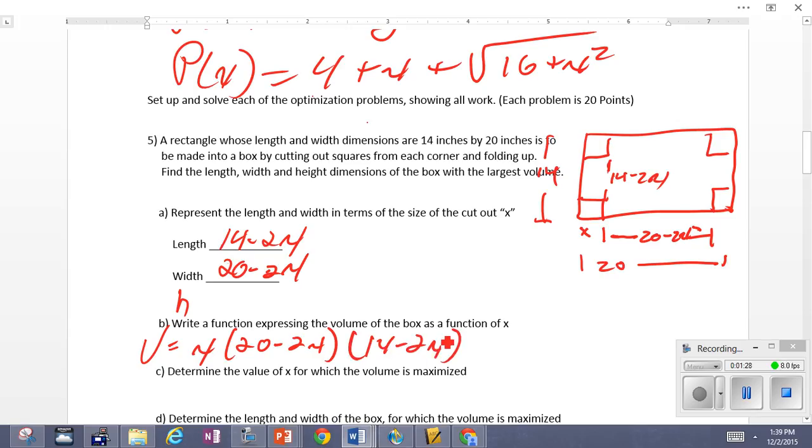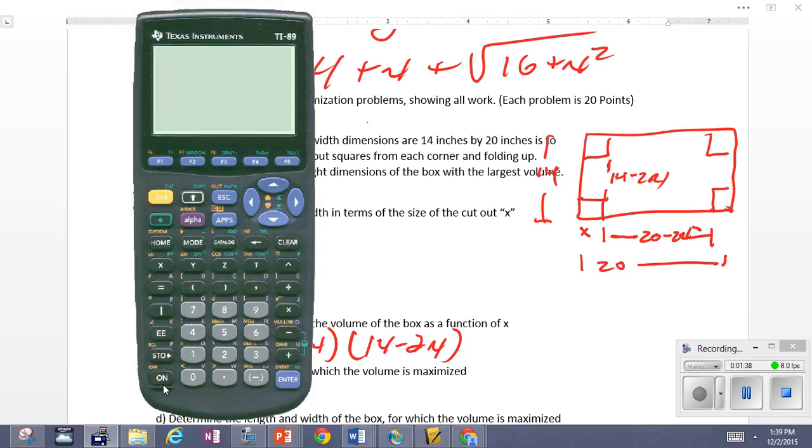Now, you didn't need to expand that. That's perfectly fine. In order to optimize that, we need to go to the calculator because this is non-quadratic. I believe I have that keyed in here just that way.